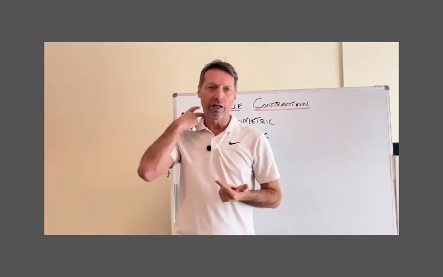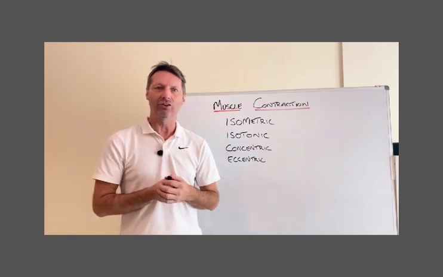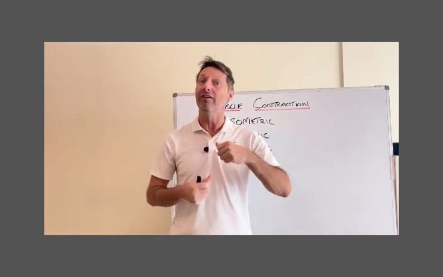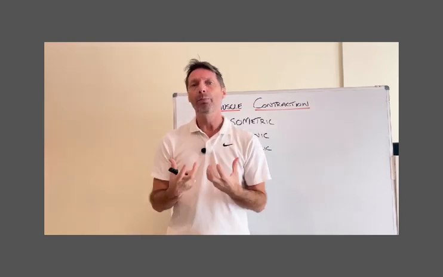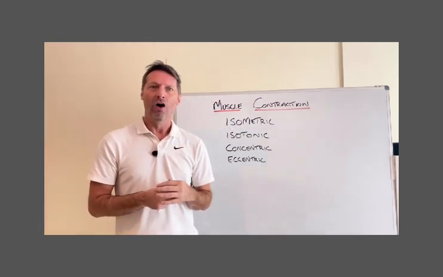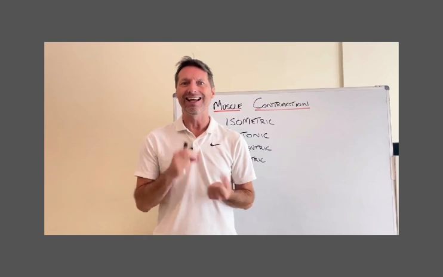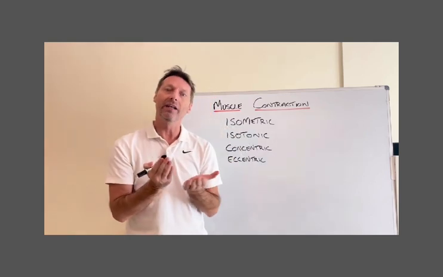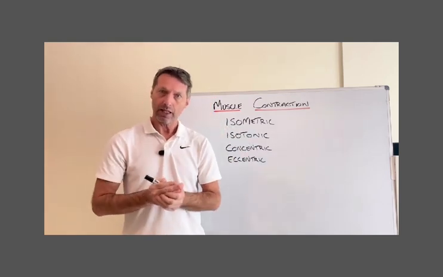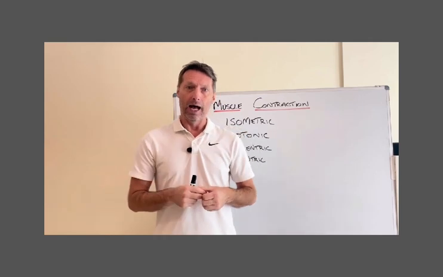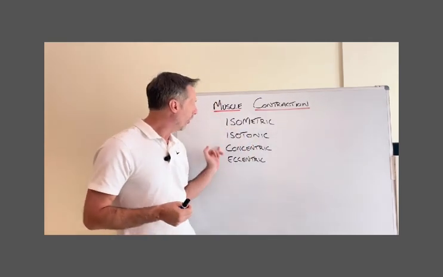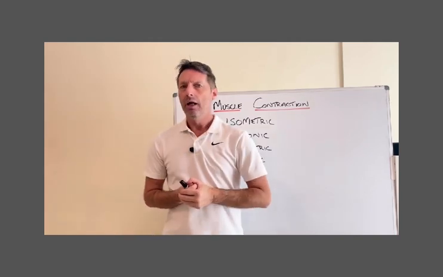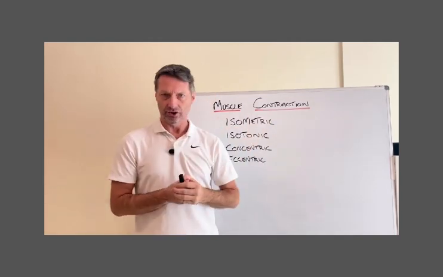I hope it helps with how it all fits into the energy systems and the client goal, whether it's endurance, hypertrophy, or strength. I hope you now have a better understanding of why we need to understand individual muscles within the muscle group in terms of the joint actions, and now your four separate muscle contractions.